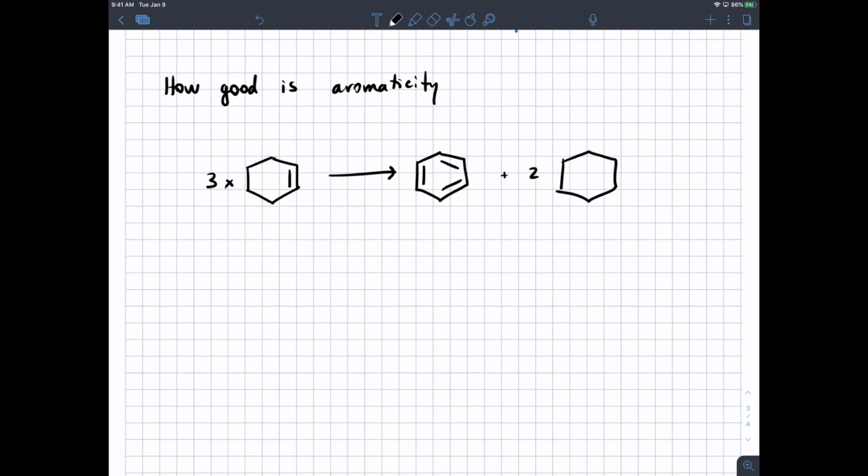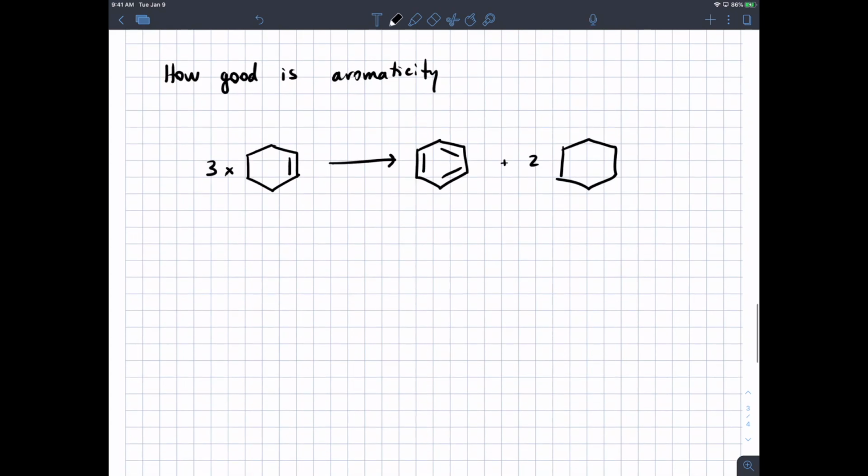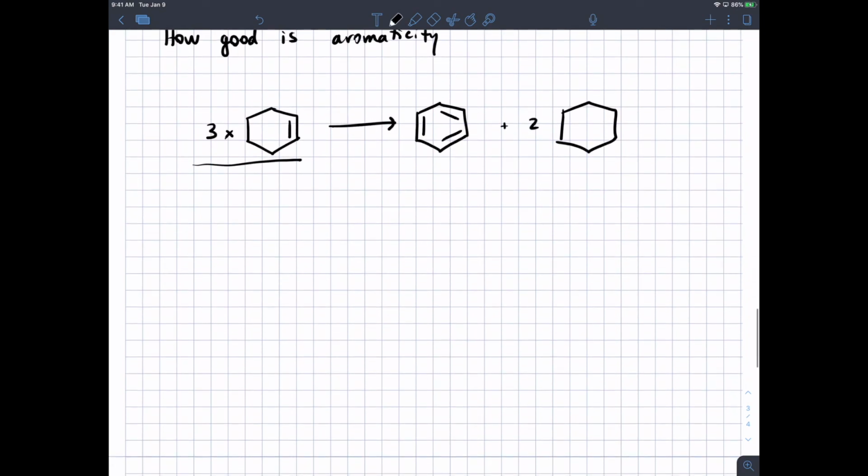It'd be difficult to see without going through it in a lot of detail, but if you compare the 3 cyclohexene molecules we're starting with to the benzene and 2 cyclohexane molecules, we've got the exact same number of sp3 hybridized carbons, sp2 hybridized carbons, and carbon-hydrogen bonds on either side of the equation. So ideally what we should be seeing would be just the contribution to aromaticity.